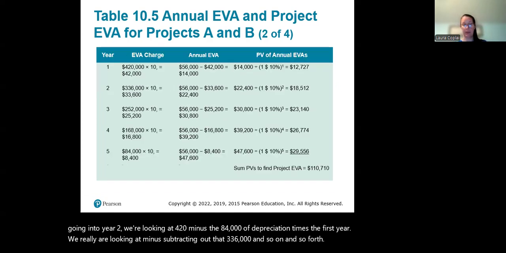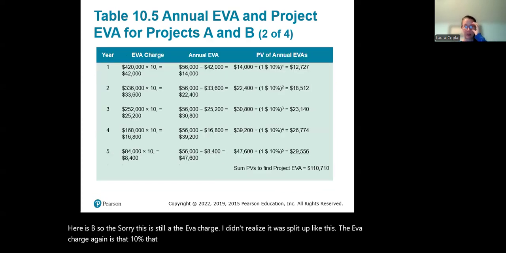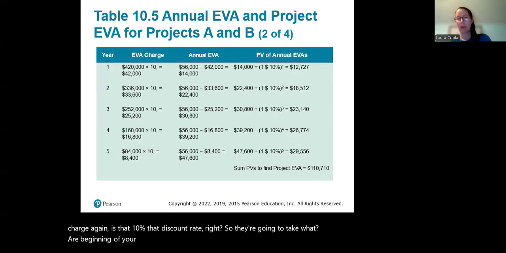Here is B. So sorry, this is still A. The EVA charge, I didn't realize it was split up like this. The EVA charge, again, is that 10%, that discount rate, right? So they're going to take our beginning of year invested capital and multiply it by that EVA charge.